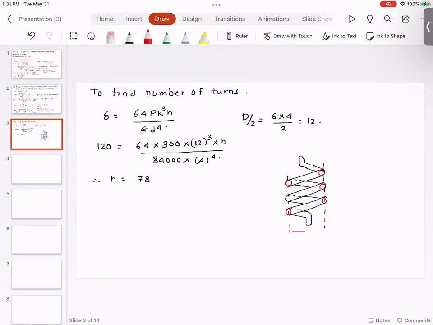This is the coil diameter. So our wire diameter is 4 millimeter. Our coil diameter is 24 millimeter.